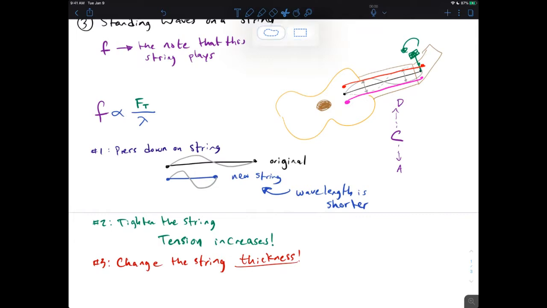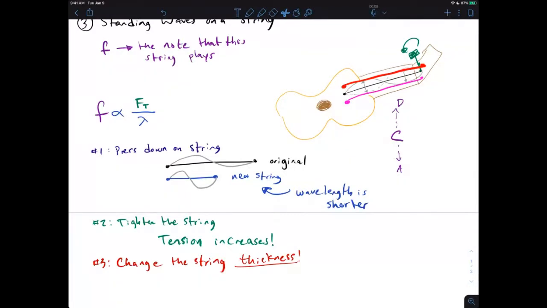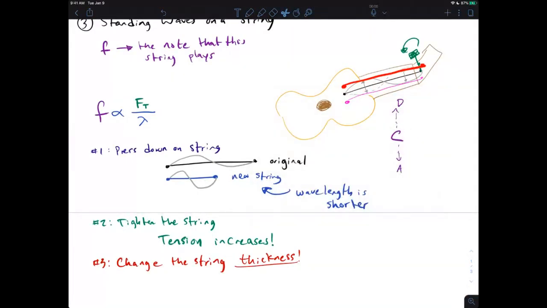So here, what we're going to have, probably do it like this. I have a thick string, right? And then a medium string, and then here, last one will be a very thin string. So all we're doing here is we're changing our string thickness.